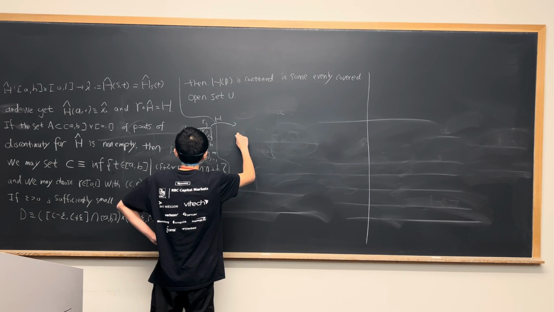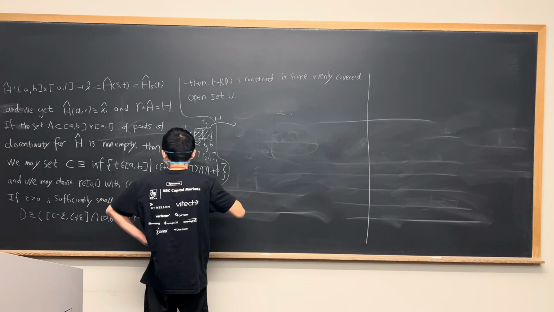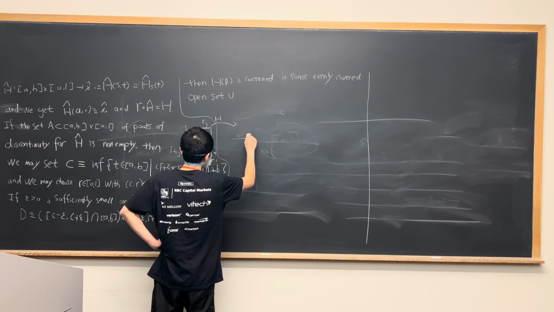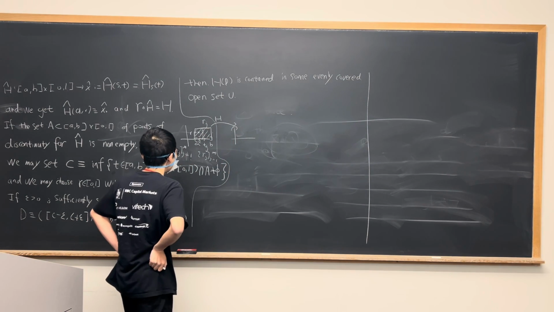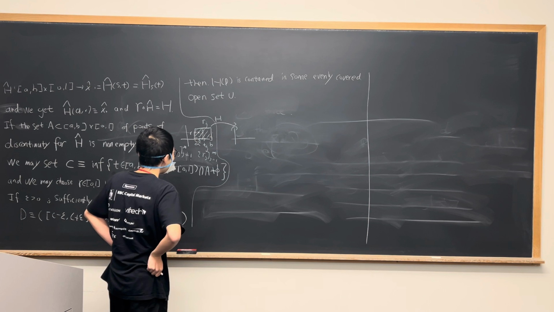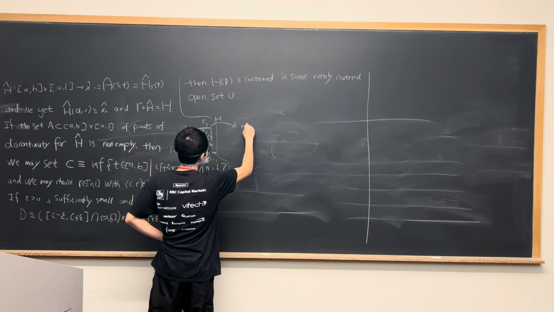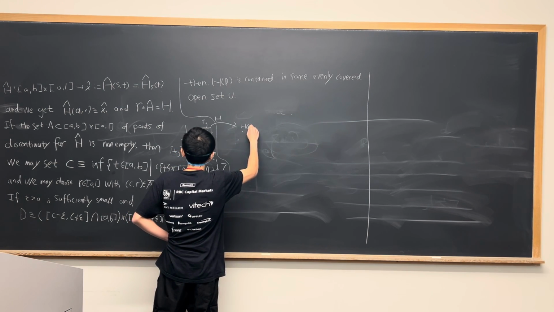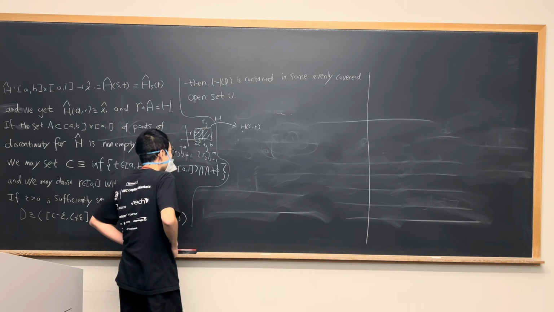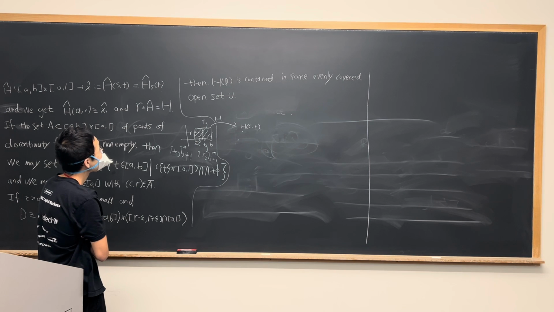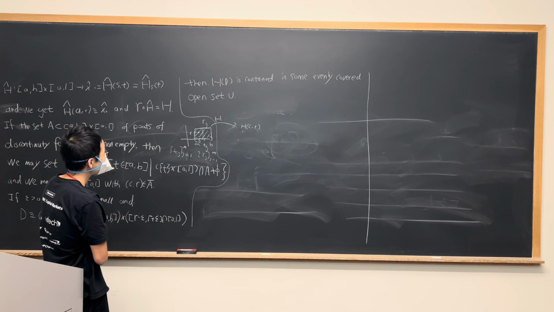Maybe let's just focus on the given point (C, R). Suppose that you have this point as H of (C, R). So H(D) is contained in some evenly covered open set U.